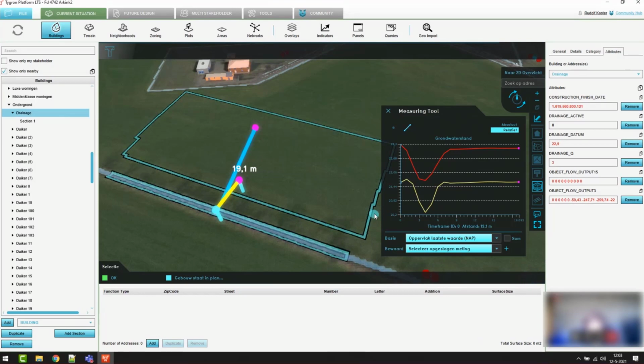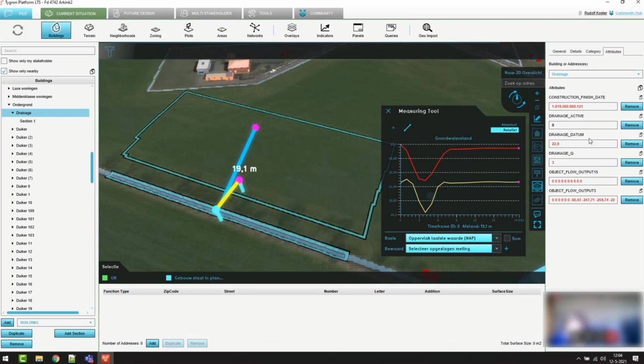What I've also done is I have added a drainage datum attribute. It is an attribute that indicates at which height the drainage is actually positioned or interpreted to be positioned.